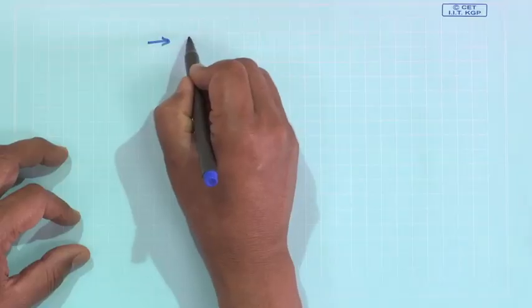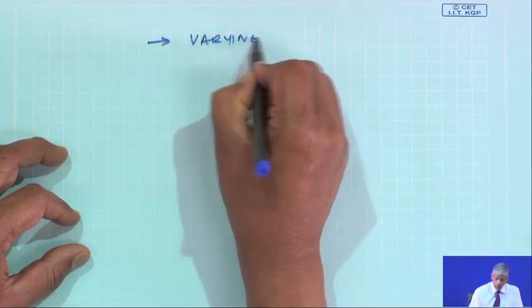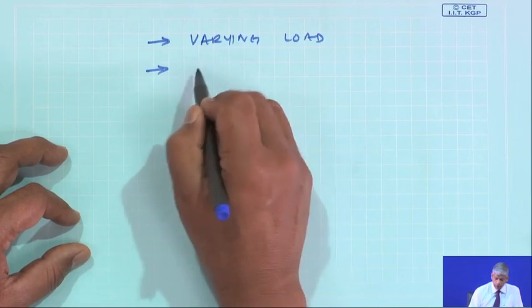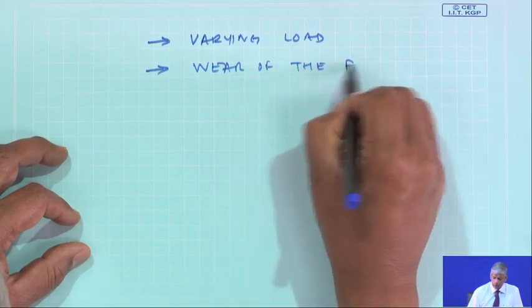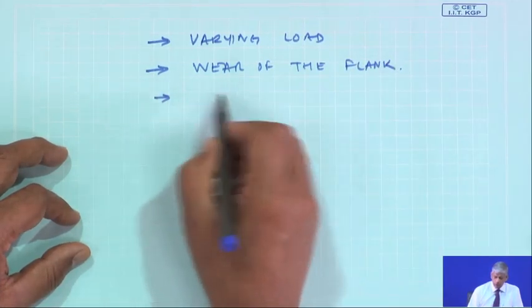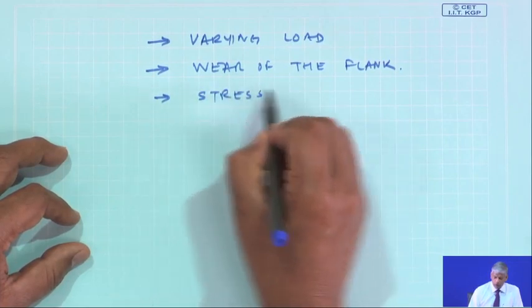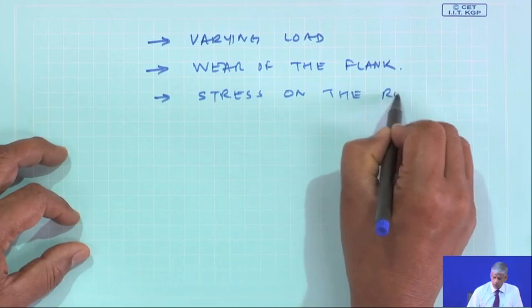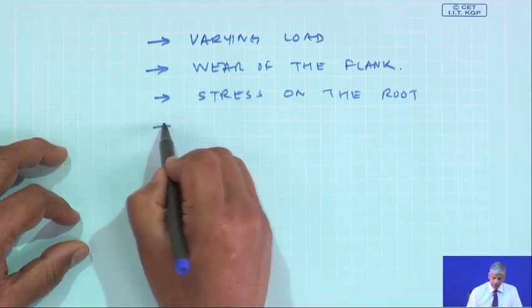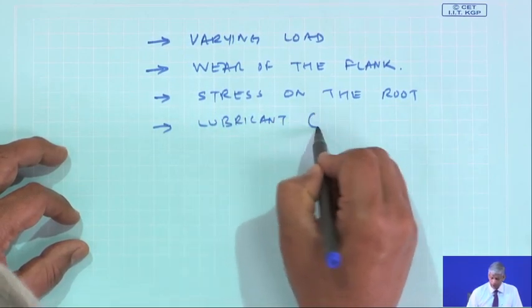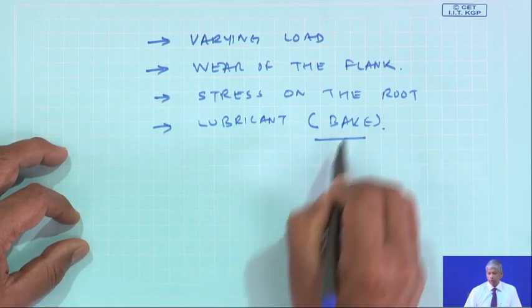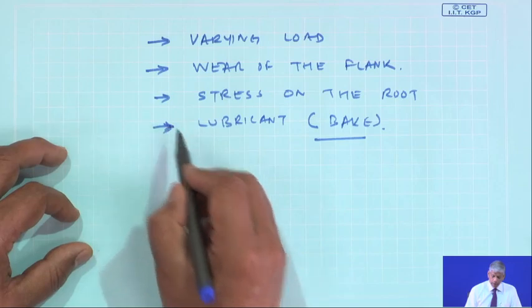So, a gear under load will be subjected to wear of the tooth flank, wear of the flank of the gear, stresses on the root will develop, and of course, lubricant can again bake, like the example of bearings which we discussed about.